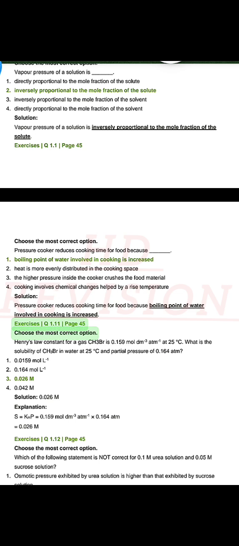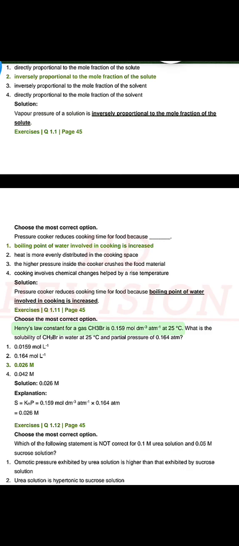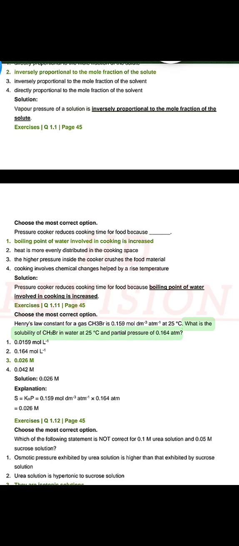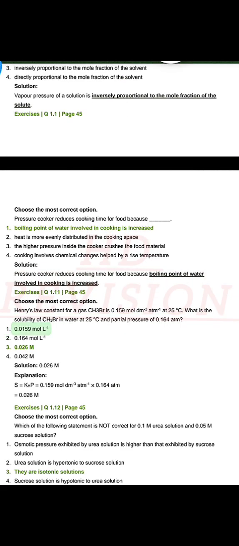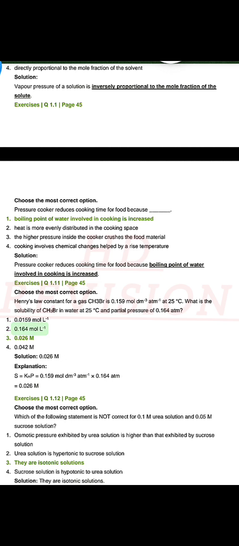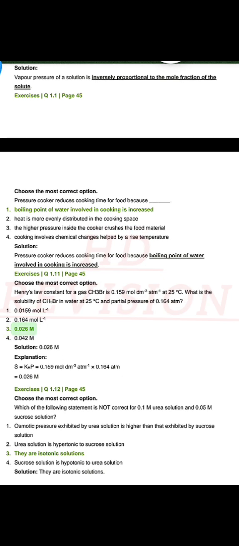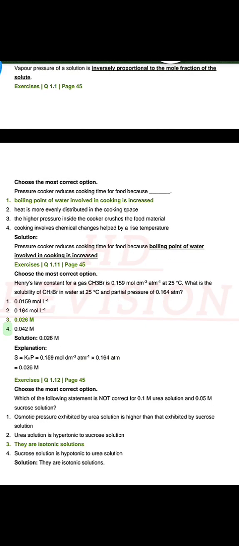Exercises Q1.11, page 45. Choose the most correct option. Henry's law constant for a gas CH3Br is 0.159 mol dm-3 atm-1 at 25 degrees Celsius. What is the solubility of CH3Br in water at 25 degrees Celsius and partial pressure of 0.164 atmospheres? 1. 0.0159 mol L-1, 2. 0.164 mol L-1, 3. 0.026 m, 4. 0.042 m.